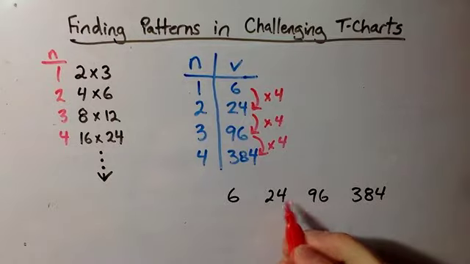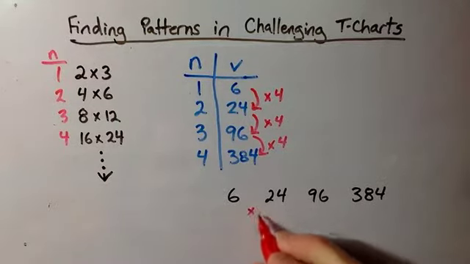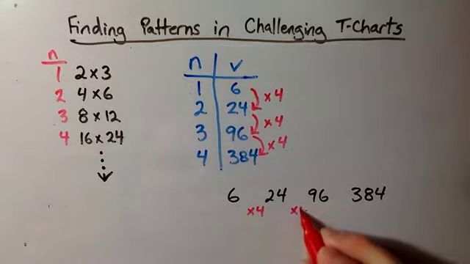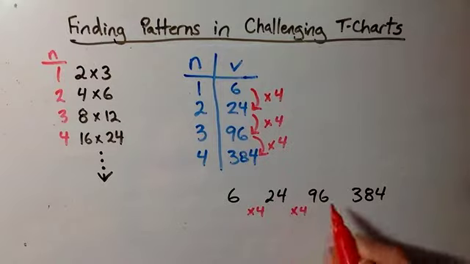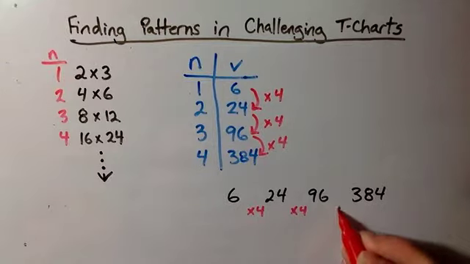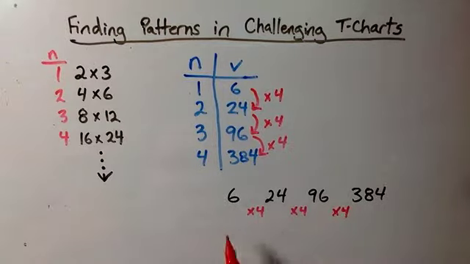So 24 is the exact same thing as 6 times 4. Just like 96 is the exact same thing as 24 times 4, or 6 times 4 times 4. And 384 is 96 times 4, or 6 times 4 times 4 times 4.